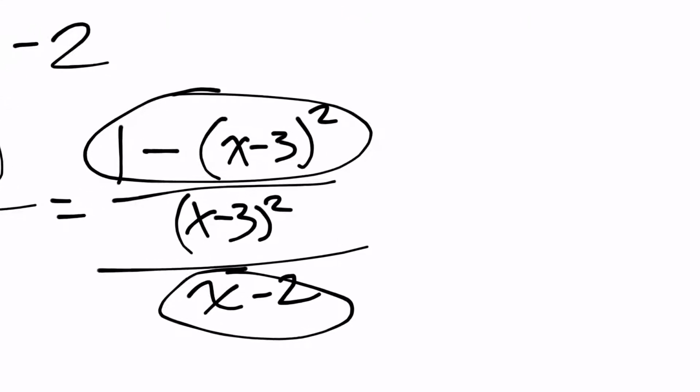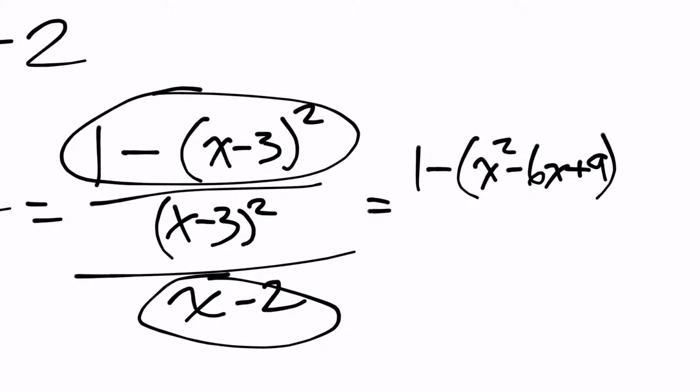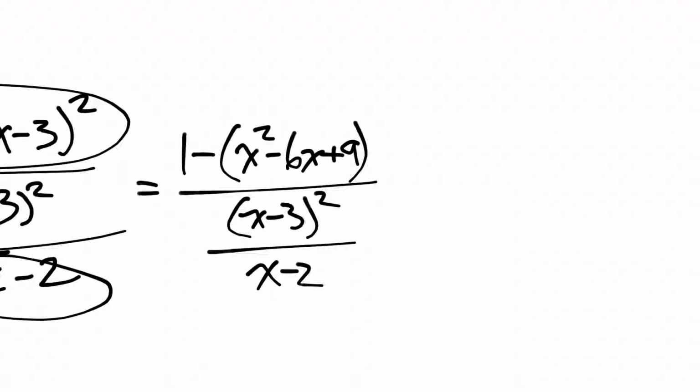And so to find that something, I need to expand that numerator. So I'm going to have 1 minus that thing expanded. So (x squared minus 6x plus 9), like that, over (x minus 3) squared over x minus 2. Keep going. You have to distribute that negative in.